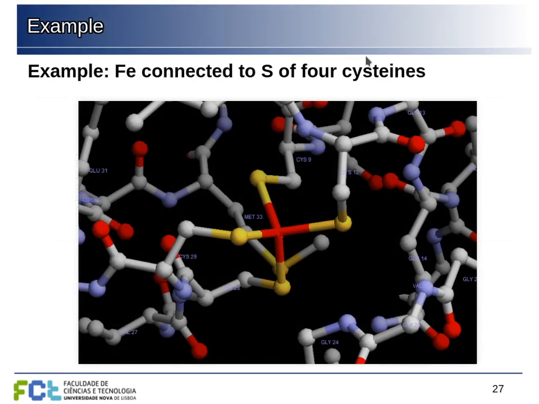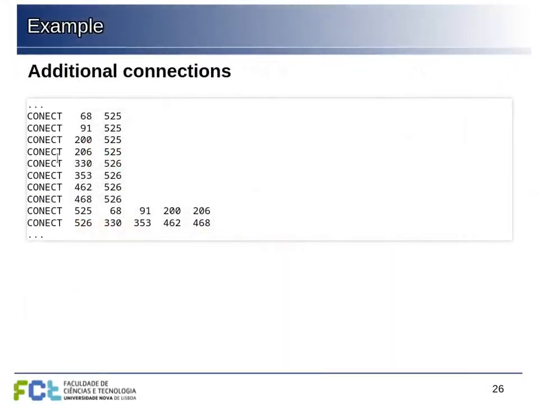So this is how the PDB file is structured. For example, here we see the position of the iron atom and connected to the 4 sulfurs of 4 cysteines here. And these connections are included here at the end of the PDB file.